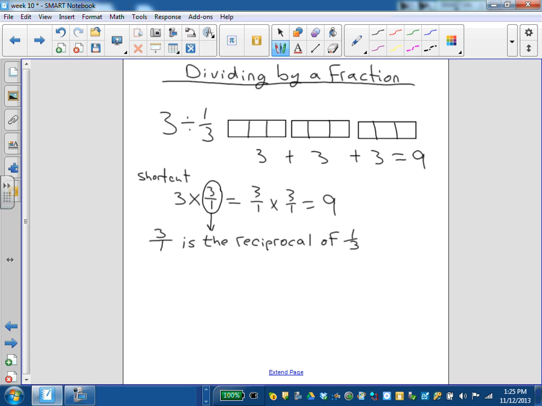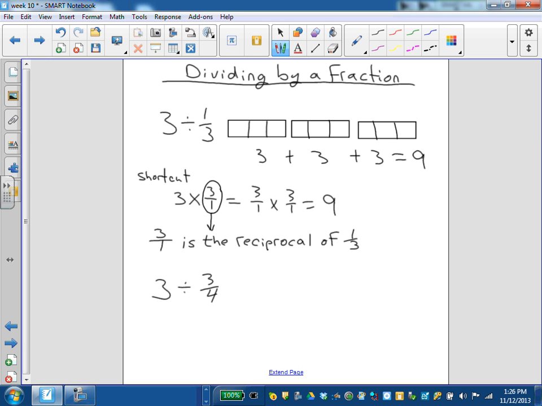Now the next thing I want you to do is we're going to do that second problem that we did. All right? I want you to write down 3 divided by 3/4. And on this one, I'm going to just go ahead and do the shortcut. Okay? If you want to go back and draw the picture out, please feel free to do that. But as far as the notes in this video, I'm just going to put the shortcut.